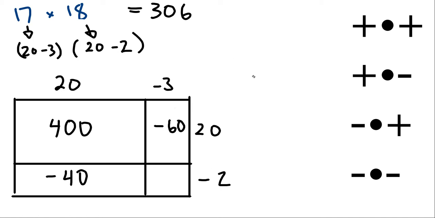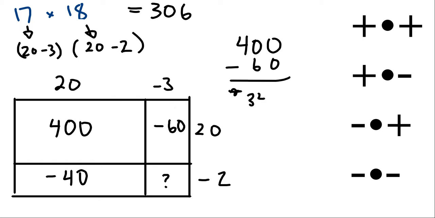So we check our arithmetic so far, and we want to know what this answer is, because we're back to that negative 2 times negative 3, which was our roadblock before. 400, take away 60, 340, take away 40, we're at 300.